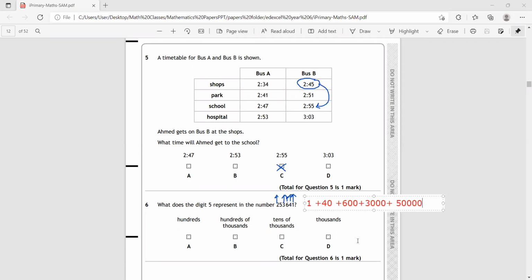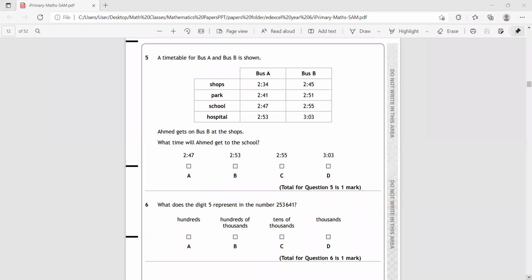So the digit 5 is in the tens of thousands place, which should be 10,000s. It should be the C answer, tens of thousands. That's the answer for the 6th question.